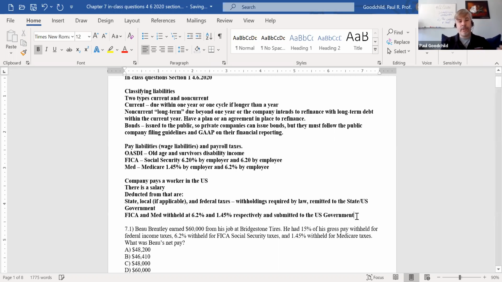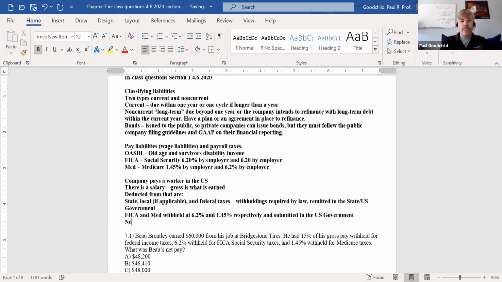So they have pay, and the gross salary is what is earned. Net salary is what gets paid after deductions.